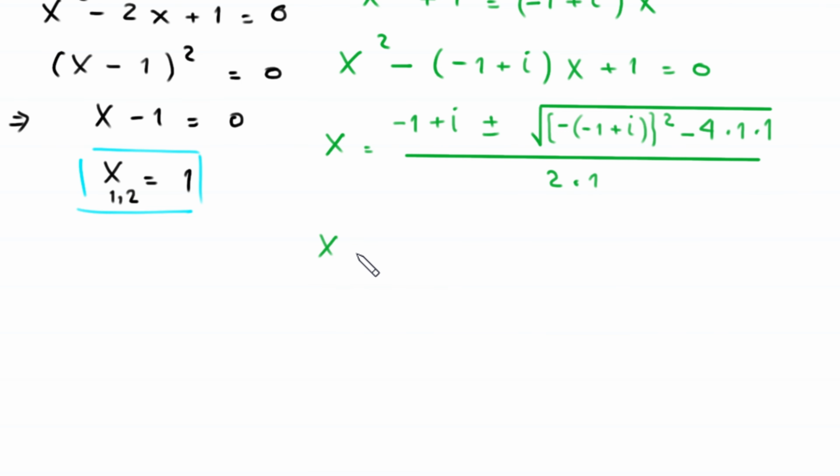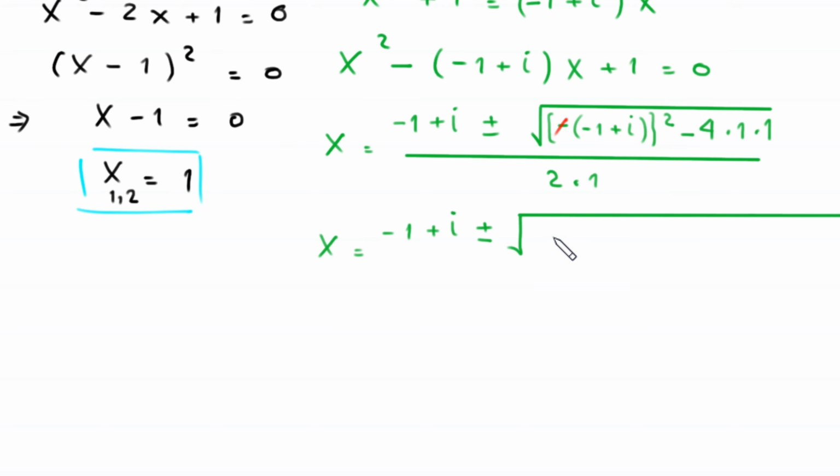Further simplified, this will become x is equal to negative 1 plus i plus or minus square root of, since the square of a negative number is always positive, so we can remove this negative sign and we square negative 1 plus i whole squared.